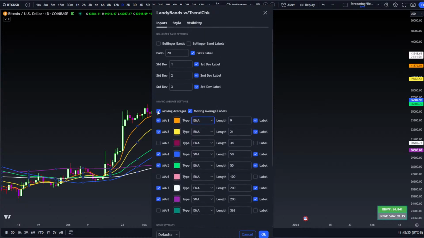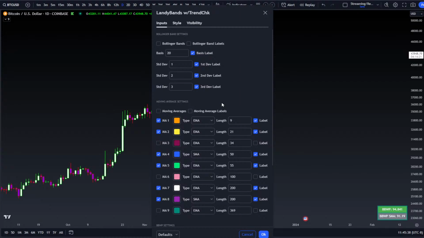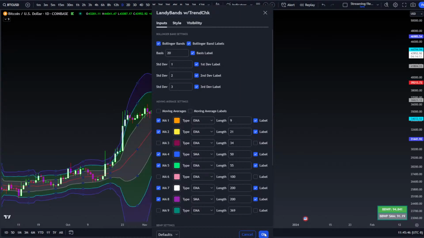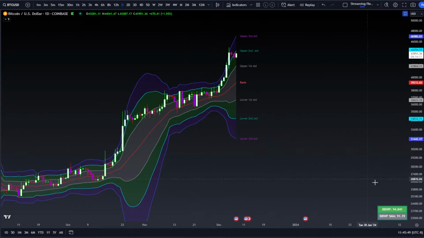The reason I did that is for those of you who only have a limited plan or a free plan with TradingView and want to use one indicator, all in one package, without having to go to multiple indicators, you can turn on the Bollinger Bands in this indicator, and you have volatility right there in one indicator. You're not having to purchase a plan to have more indicators. Of course, this is free, so I suggest that you use it.